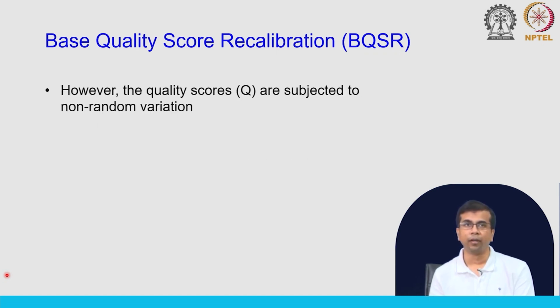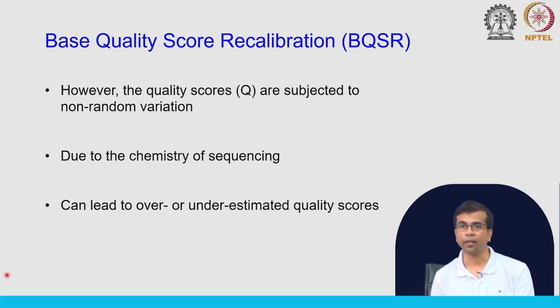But these Q scores are subject to non-random variation, because they are generated by the specific sequencing process or chemistry. There are certain biases present, and these can lead to non-random variation, which means we are overestimating or underestimating quality scores of the bases.